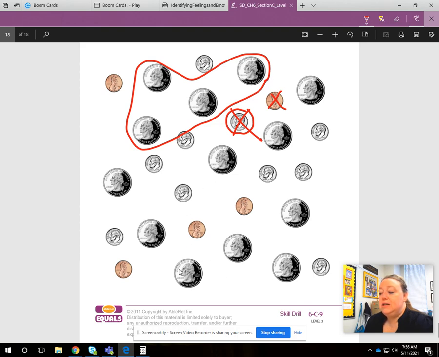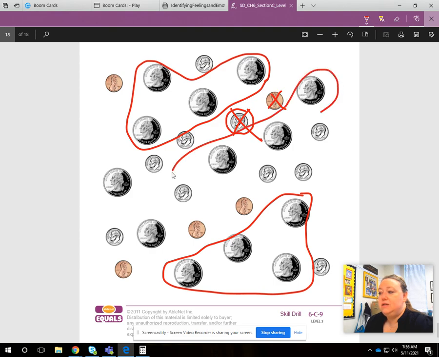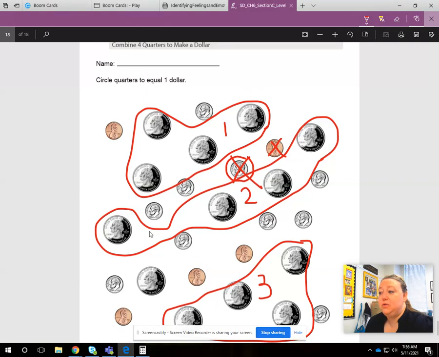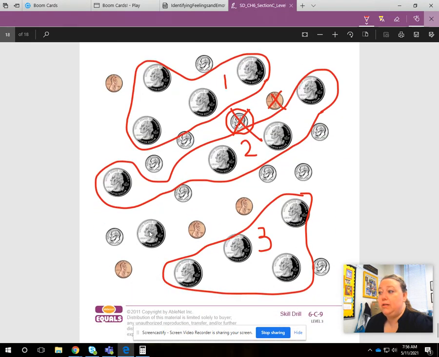So I'm just going to circle 4 at a time. 1, 2, 3, 4. And 1, 2, 3, 4. So again, we have $1, $2, $3 plus there's a 25, but no, you need 4 to make a new dollar. So 3 whole dollars right there.